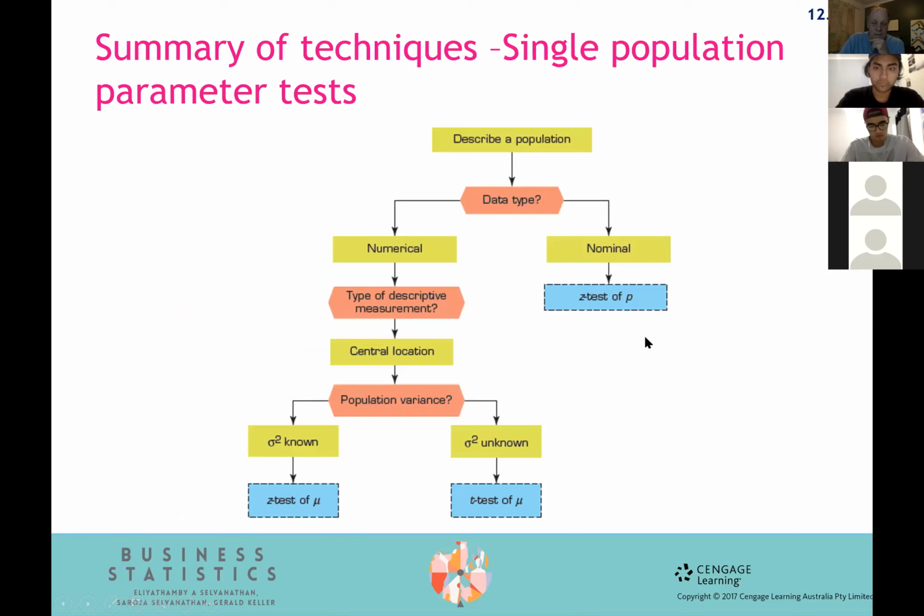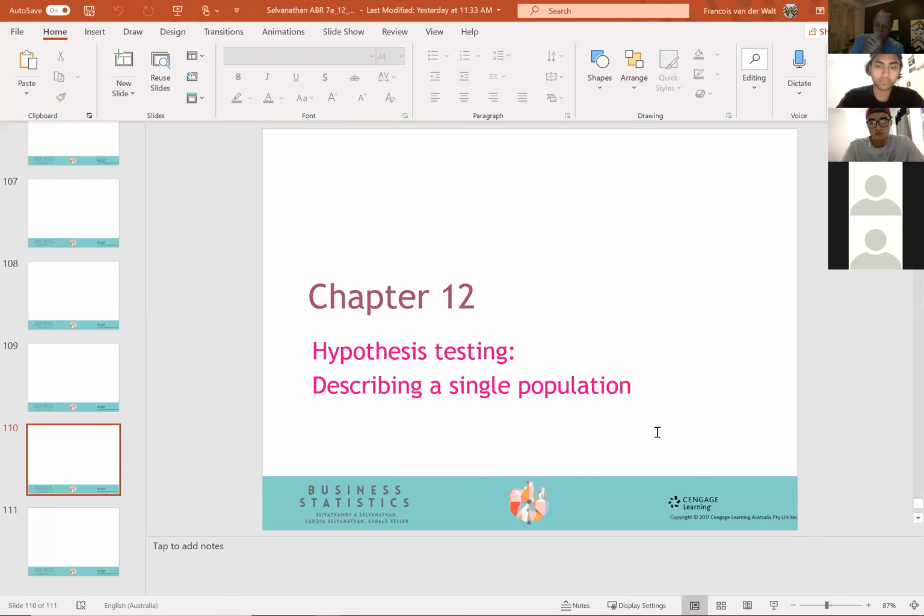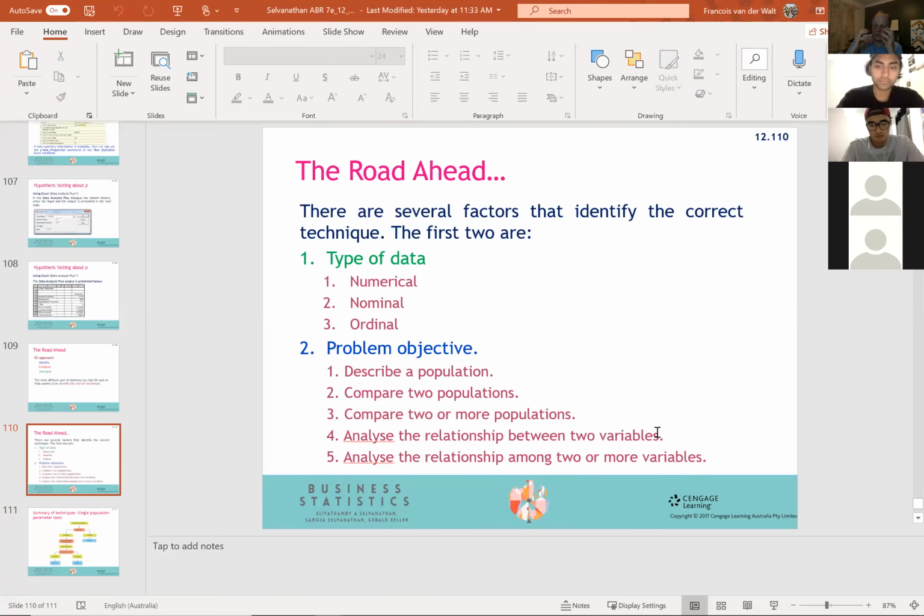And here's a summary. If it's numerical, this is the type of stuff that you can do. We only went through the t-test of the mean. If it's nominal, we can do a proportion test. We didn't do any of that. So you're only really interested in this one here, and that is it for a single population. If we have a hypothesis about a single population, it's always, in our case, about the average.